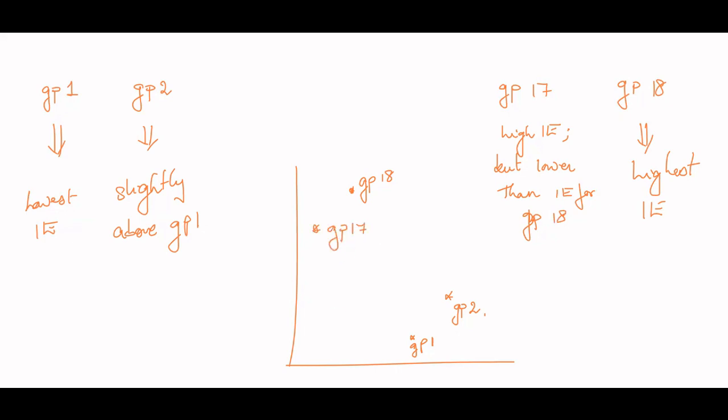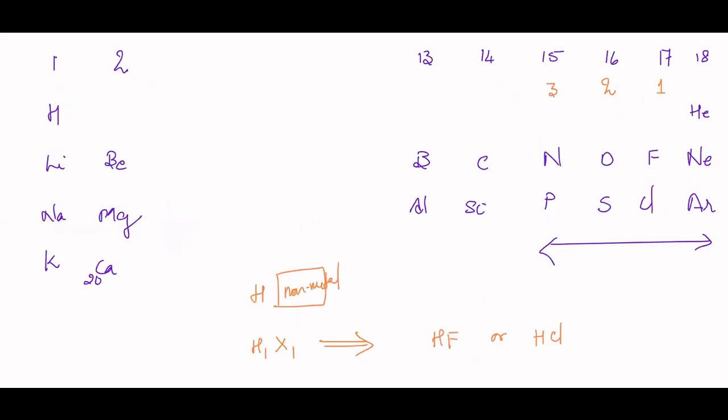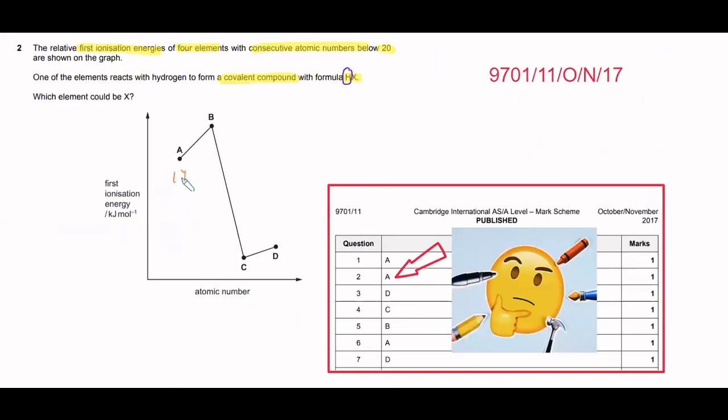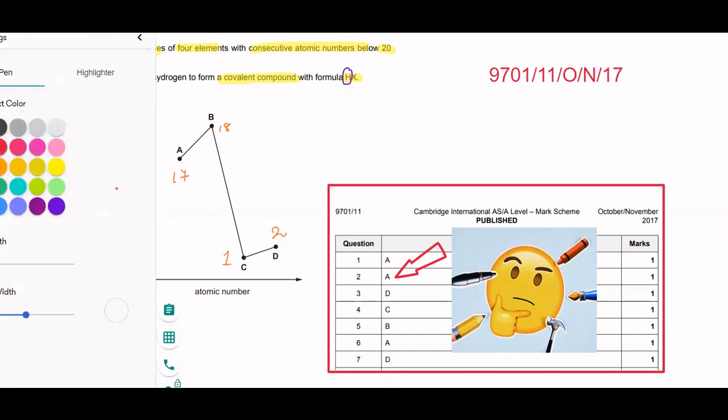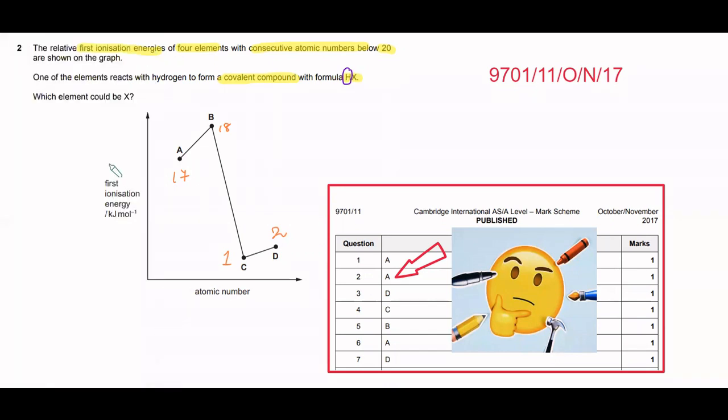Transferring this data to the question, this is group 17, this is group 18, this is group 1, and this is group 2. We have already come to the conclusion that the most likely possibility for HX is either HF or HCl. Both belong to group 17, and yes, A is the option. So hope you understand how A is the option for this particular question. Thank you.